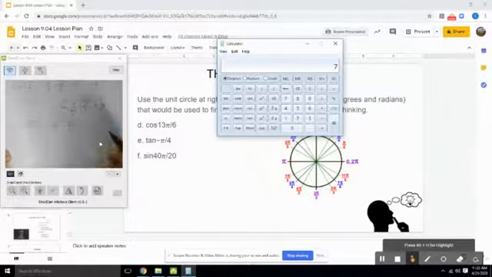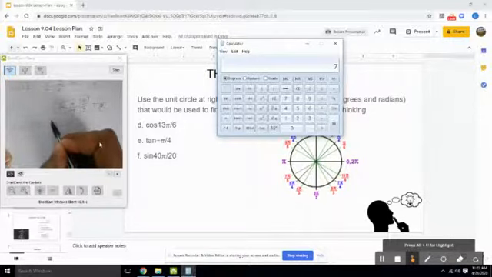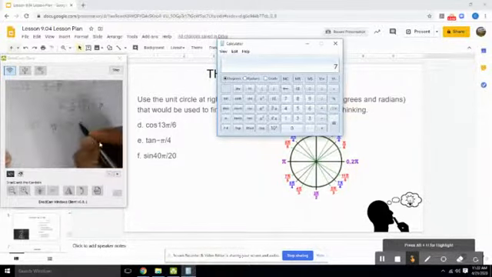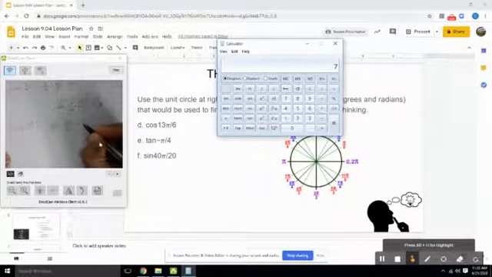This is our 180 over pi. We can cross off some zeros. And now 4 divided by 2 is 2, and 2 into itself is 1. 2 times 180 gives you 360. Pi cancels pi, and we have 360 degrees.